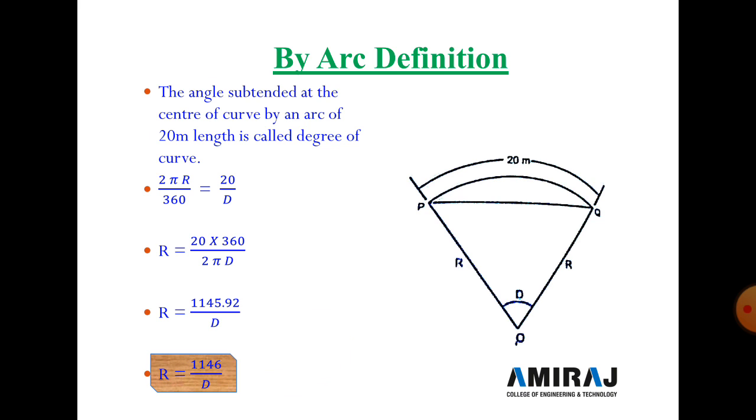And second is by arc definition. The angle subtended at the center of the curve by an arc of 20-meter length is called the degree of curvature.